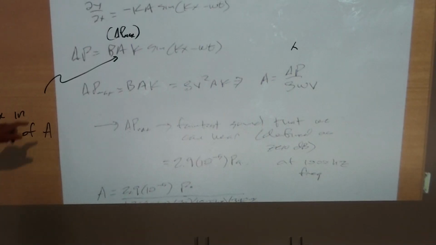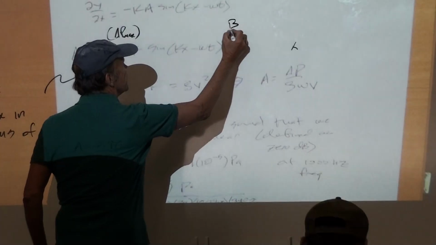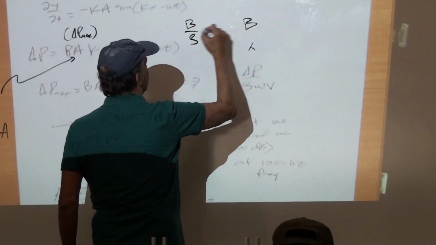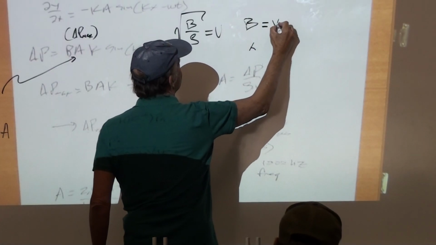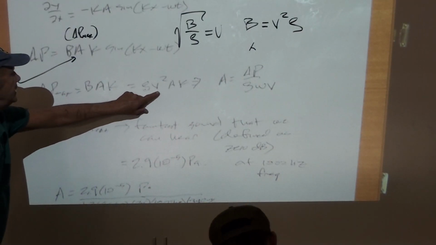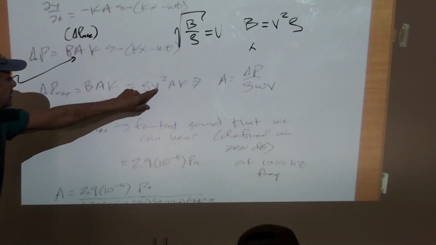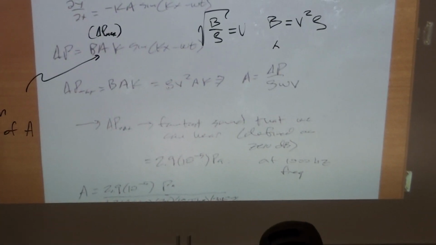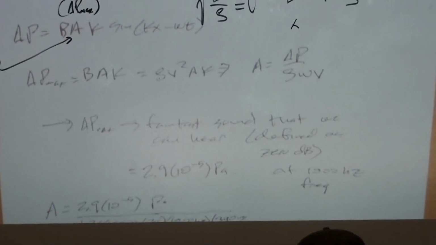And then we can write the bulk modulus again, because the bulk modulus divided by the density is equal to the velocity squared, the square root of that. The bulk modulus then is equal to V squared rho. And plug that in here, and we get delta P max is equal to density times V squared times A times K.